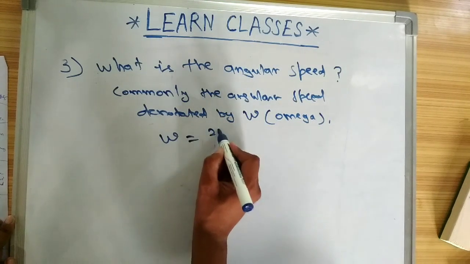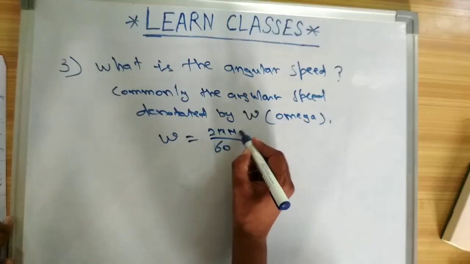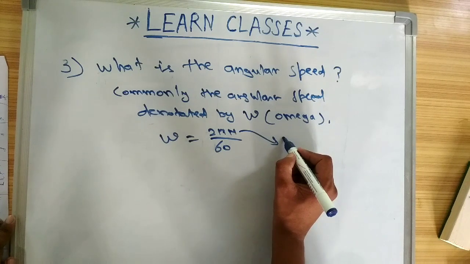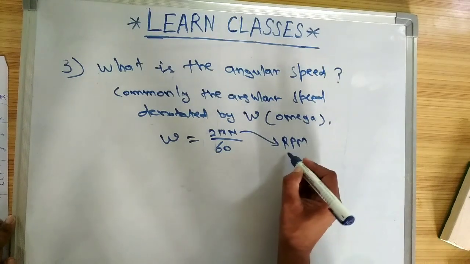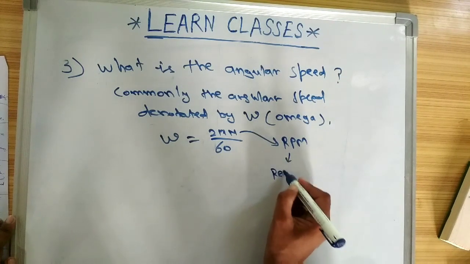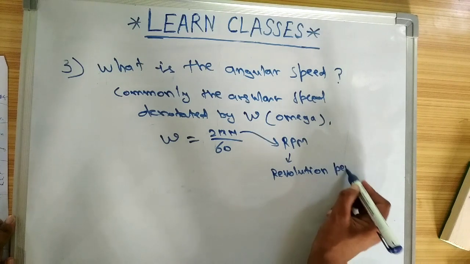Omega is equal to 2 pi N by 60, where N is RPM, revolution per minute.